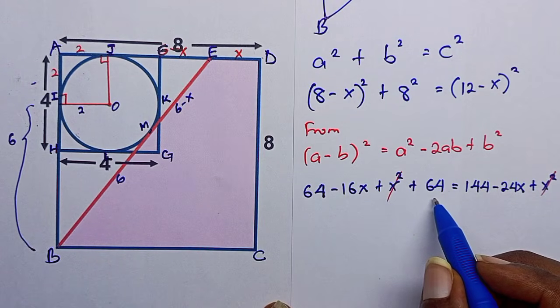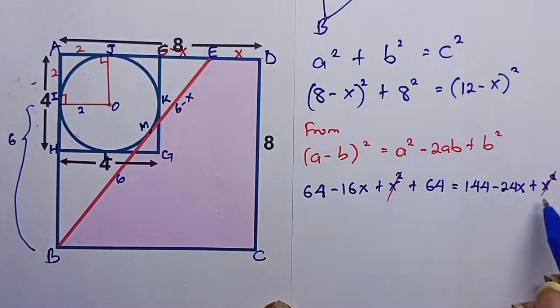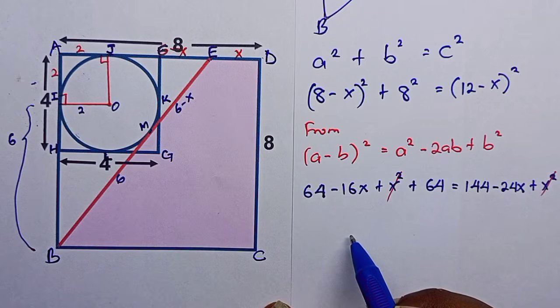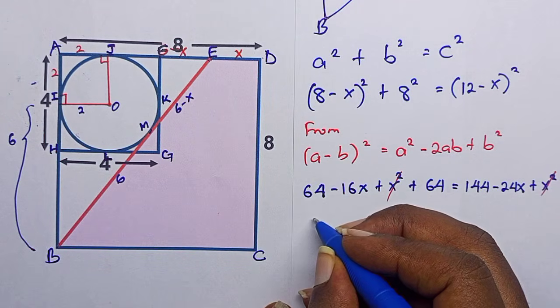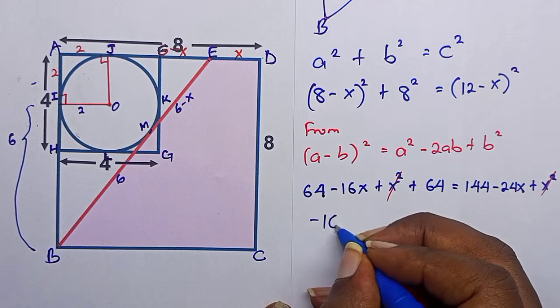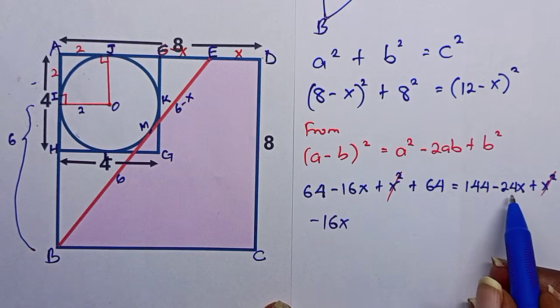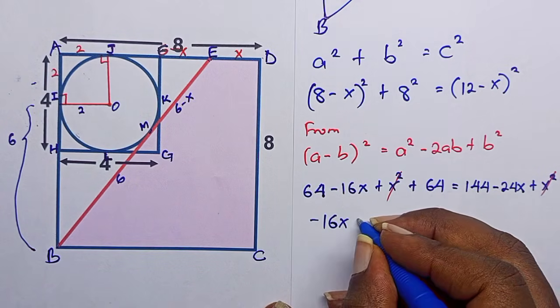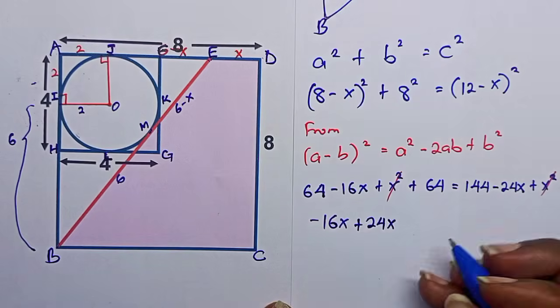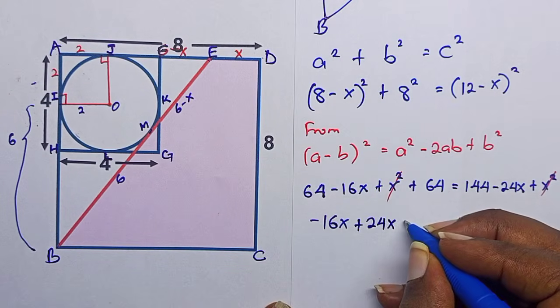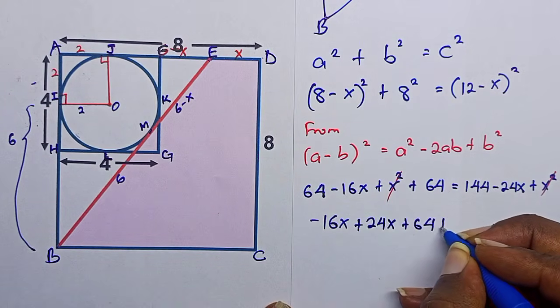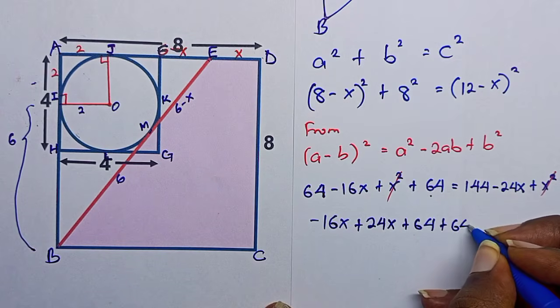So when we bring everything on one side, we shall have minus 16x. When this crosses, it becomes plus 24x. Then 64 plus this 64.